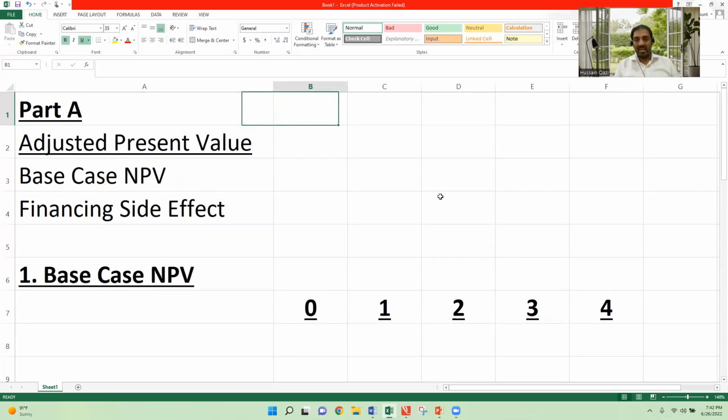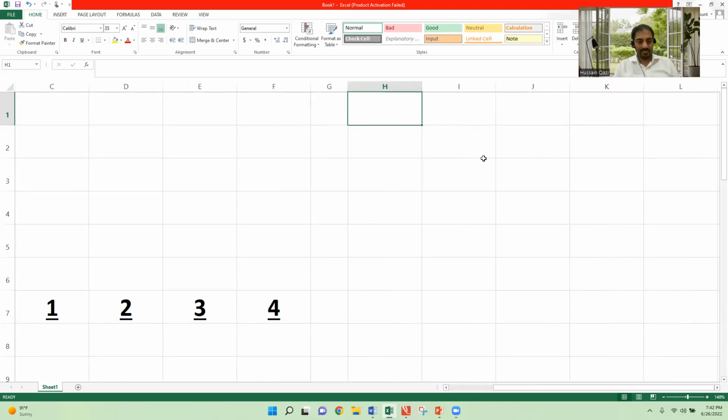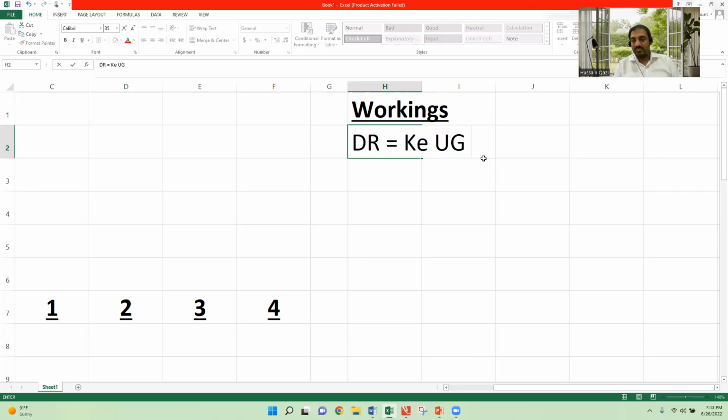For base case NPV, the very first working you require is the discount rate, that is KE ungeared. And for KE ungeared, you are working with the capital asset pricing model.